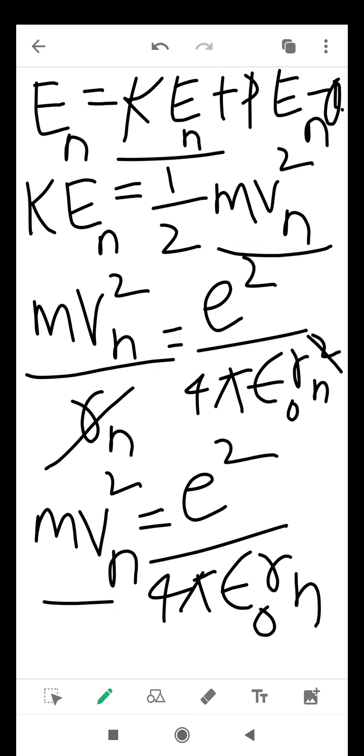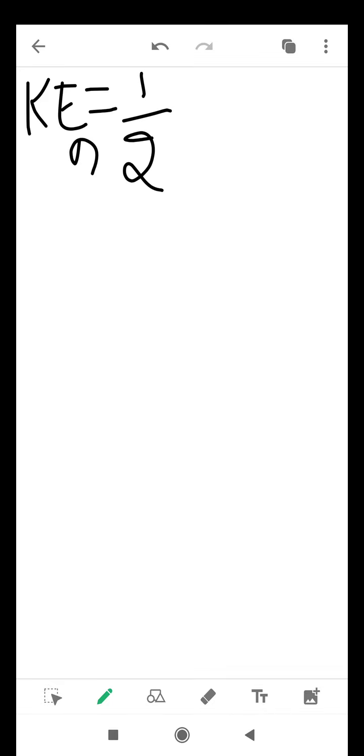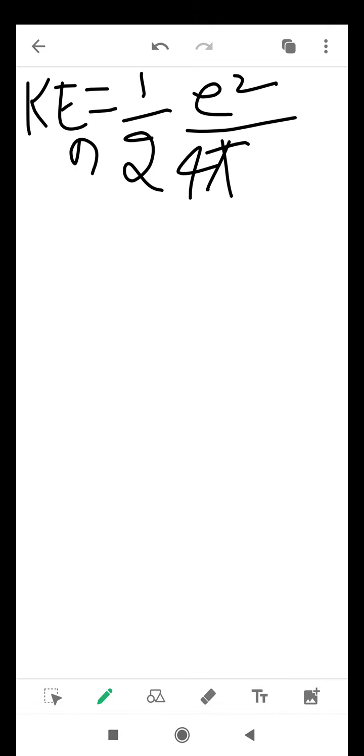Now substitute this value. Call this equation number 2. In equation number 1, kinetic energy in its nth orbit is equal to half as it is, and instead of m v square n, it is replaced by e square divided by 4 pi epsilon naught into Rn.